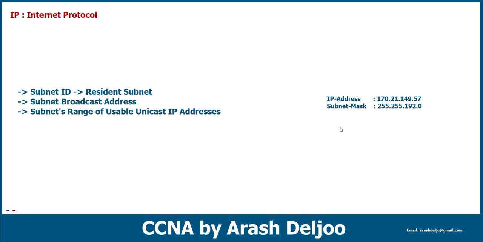the solutions that we have, the ways that we have to find these three important elements of one IP address. In future, you will experience that when we have one IP address, it's so important to find the subnet ID of that IP address, the broadcast address, and also the usable range of IP addresses in that subnet.